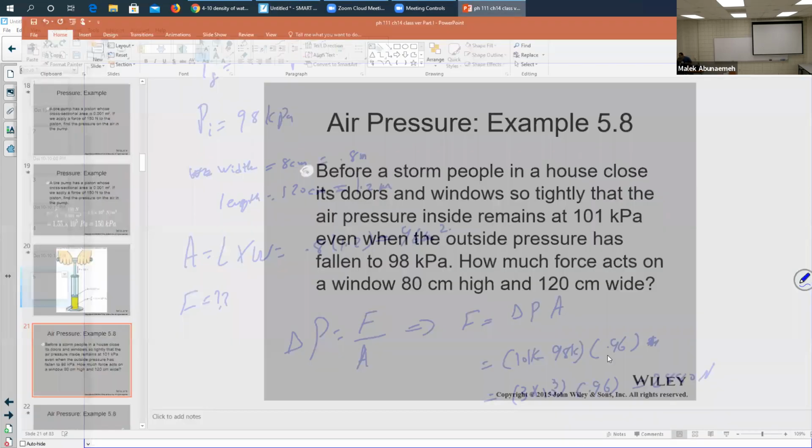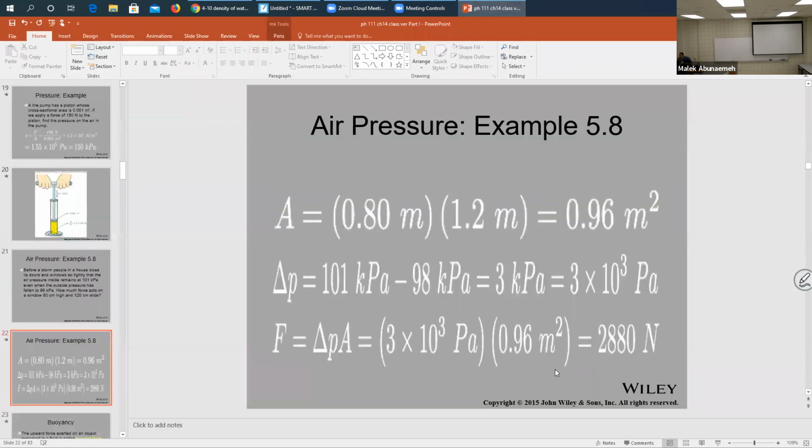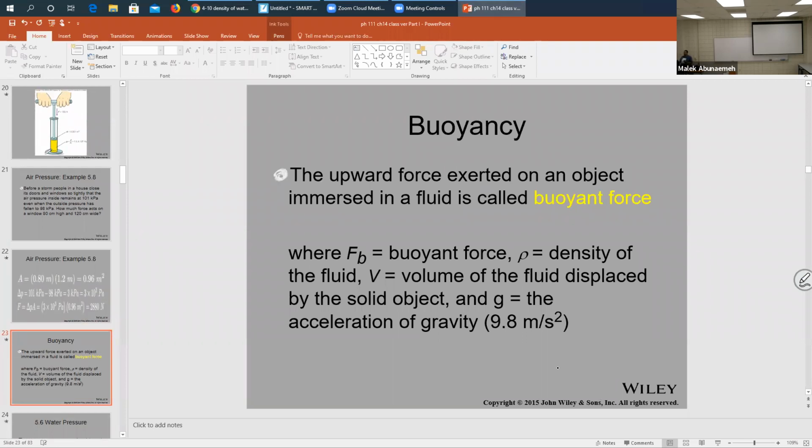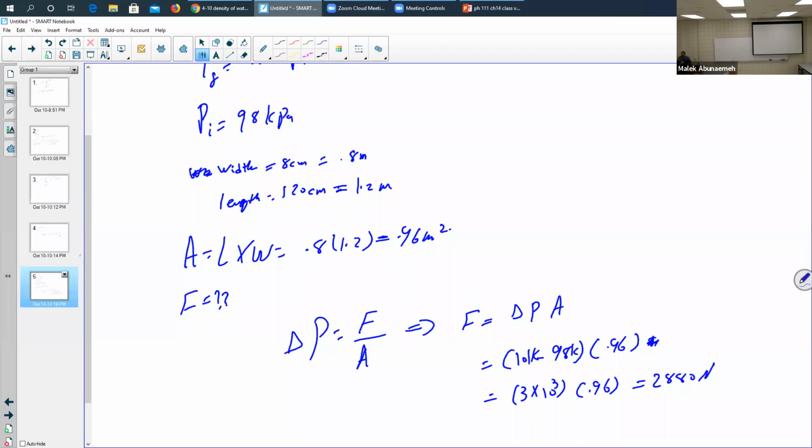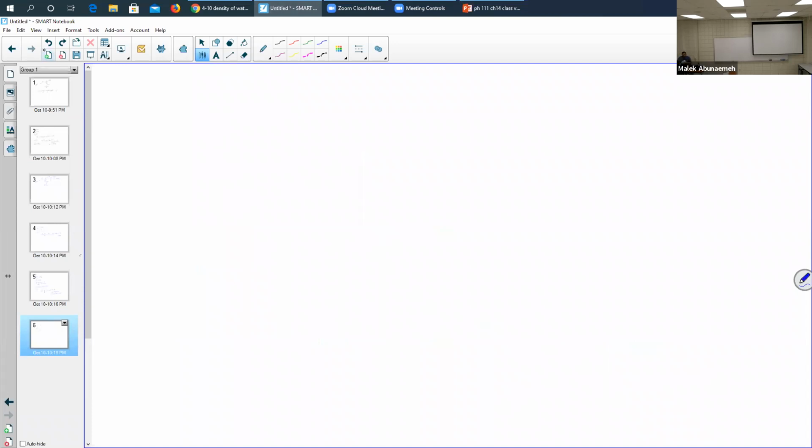Now, let's talk about the buoyancy force. The upward force exerted on an object immersed in a fluid is called the buoyancy force. So supposedly, you get a container that has some kind of liquid, let's say water.